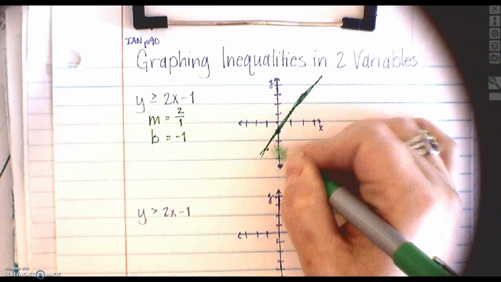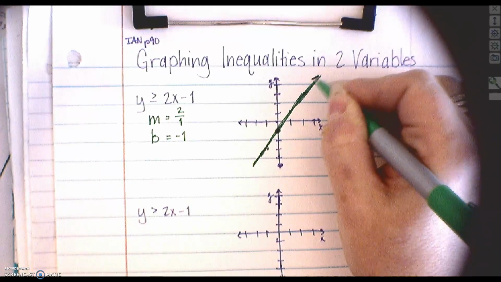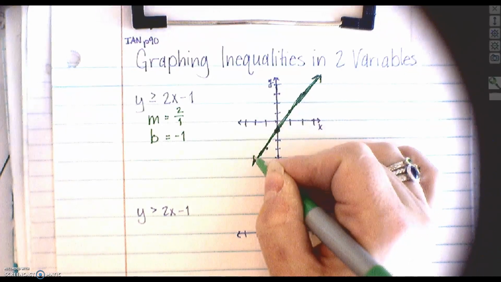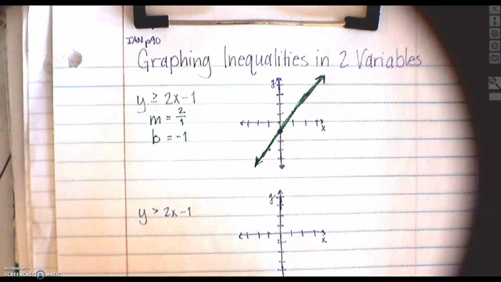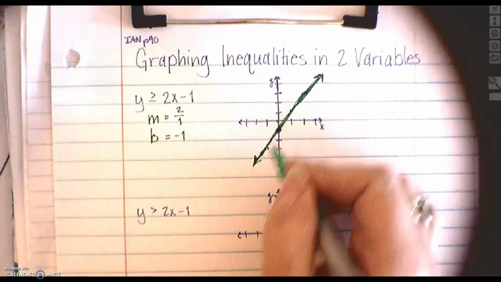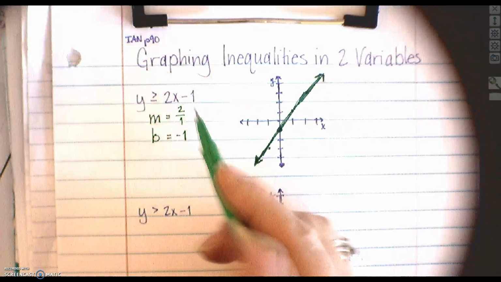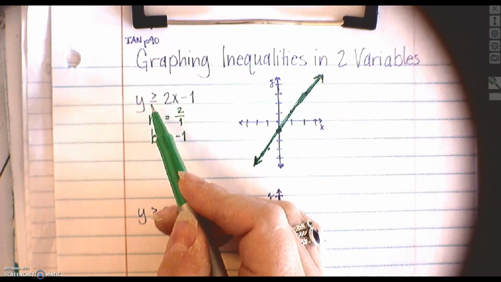Okay? So that is the first part of graphing an inequality. You just graph it as if you were graphing a line, an equation. Now let's look at the inequality.